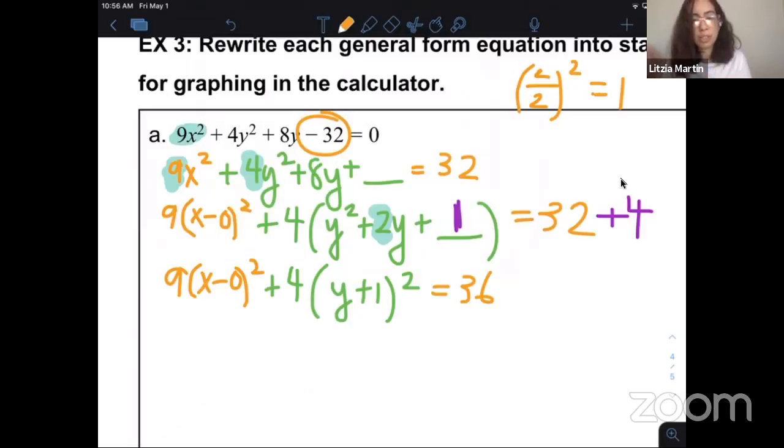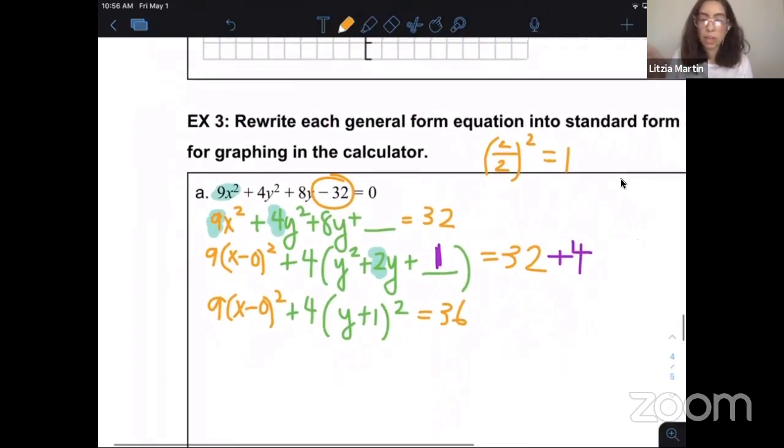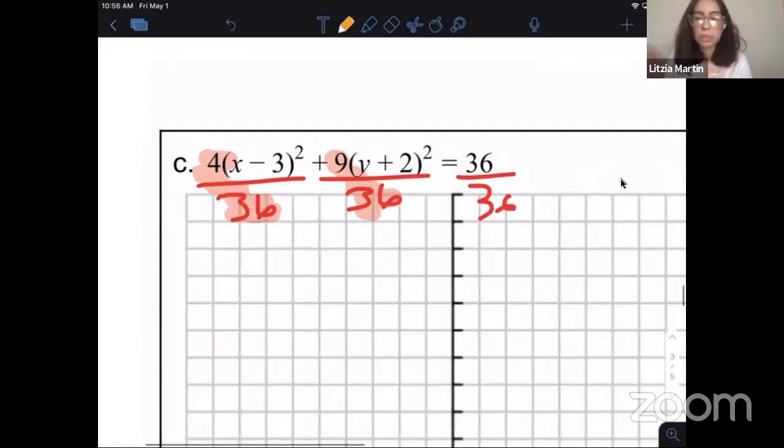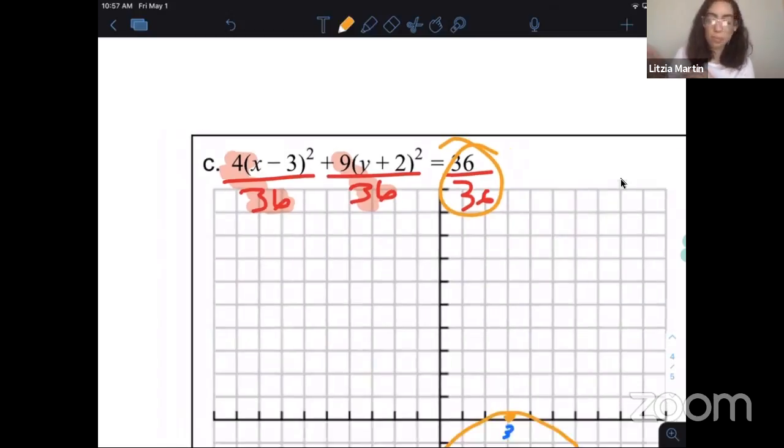What you should notice, hopefully, once you do the completing the square process, is that for the most part you'll always end up with some number on the right side. And basically what we've ended up with is something like what we see here. So how did we take this and turn it into standard form? All we did was divide by whatever number we have on the end there.